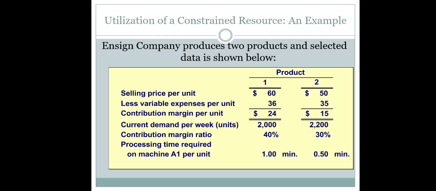And then variable expenses per unit are $36 for product 1 and $35 for product 2. Contribution margin per unit is $24 for product 1 and $15 for product 2. Current demand per week, this is customer demand, or the units that can be sold. For product 1, the demand is 2,000 units per week.